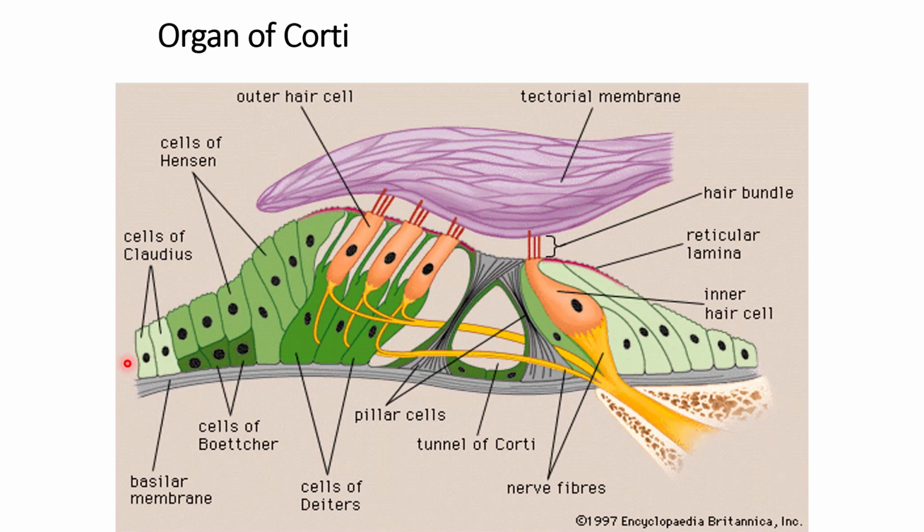So this whole structure of the supporting cells and outer and inner principal hair cells is the organ of Corti, and this is the structure of the whole organ of Corti, which acts as a unit for the reception of hearing.